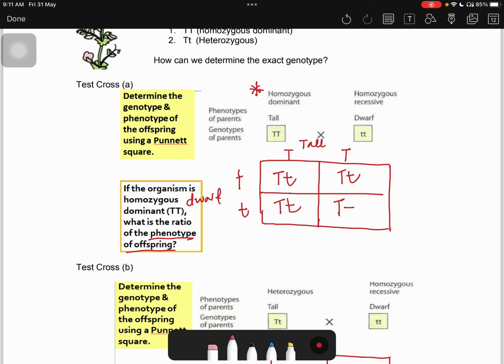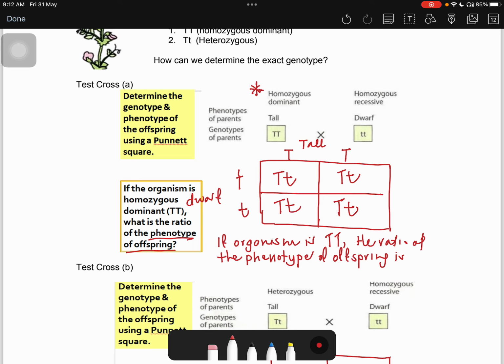So if the organism is homozygous dominant, the ratio of the phenotype of offsprings is all tall hybrid.